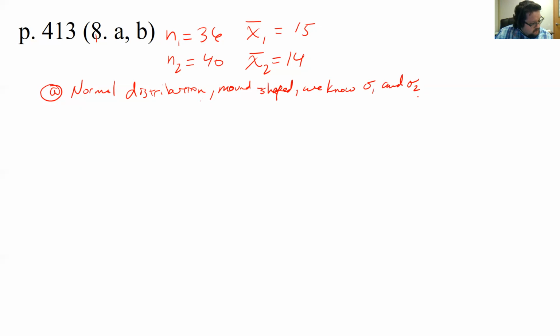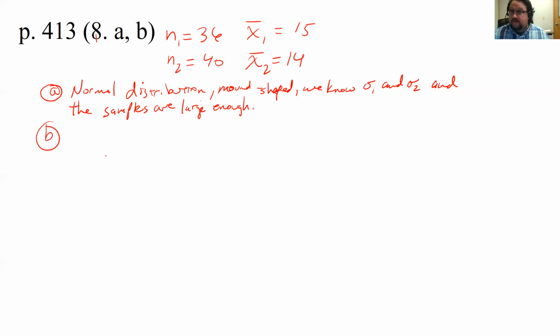And the samples are large enough. So we got a lot of bases covered here. We got the mound shape, we got the large enough samples. And we know these standard deviations, which doesn't affect the normal distribution, but it does reinforce that this normal distribution is going to be okay to use here.